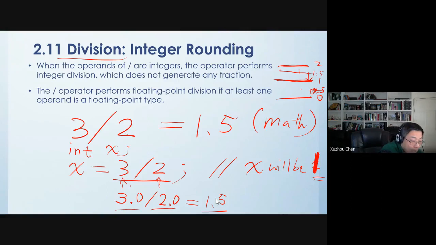Now you can assign this number to y if I declare y as a double. So y will be 1.5 instead of 1, because in the earlier case, Java treats all the numbers as integers, so the result should be an integer. So even though the result is not an integer, it will be forced to convert to an integer.